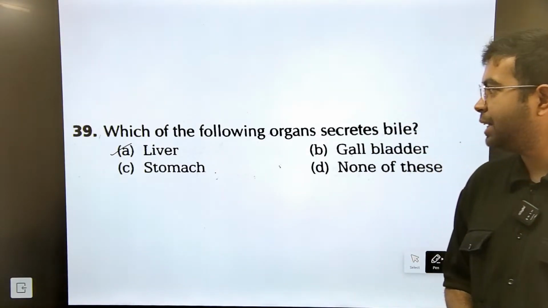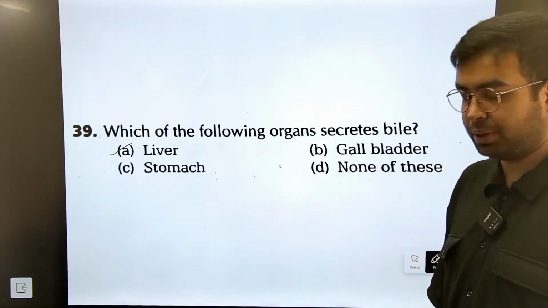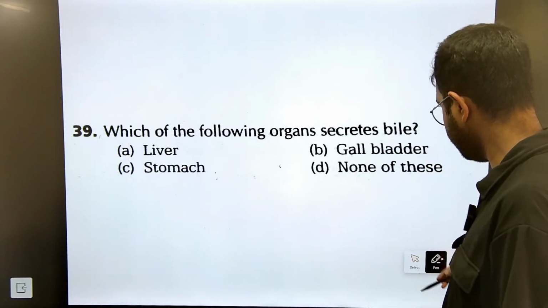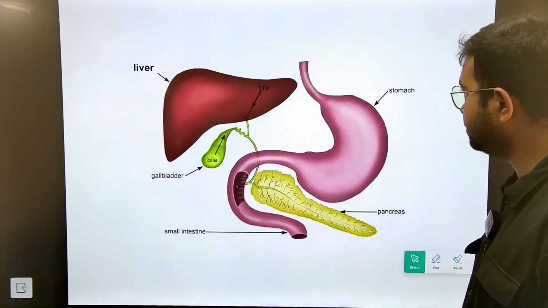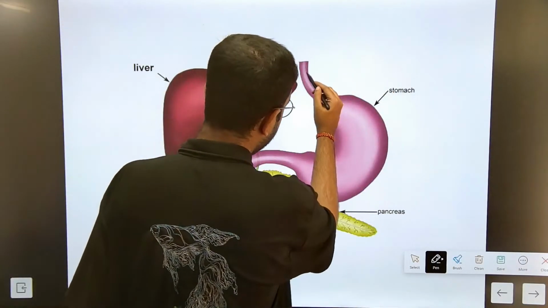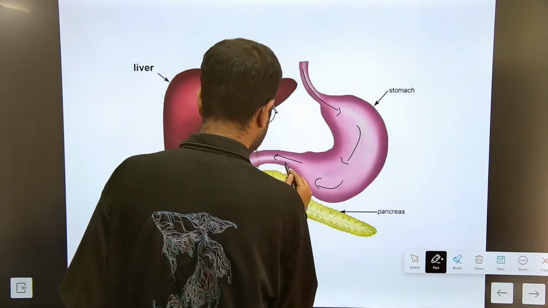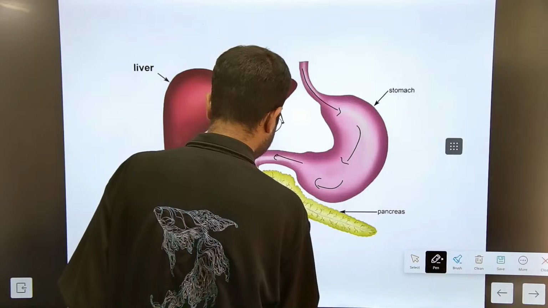Now, where is this bile secreted from? Bile is secreted by the liver. Look, this is our liver, okay. The food will come through here and pass through this place.